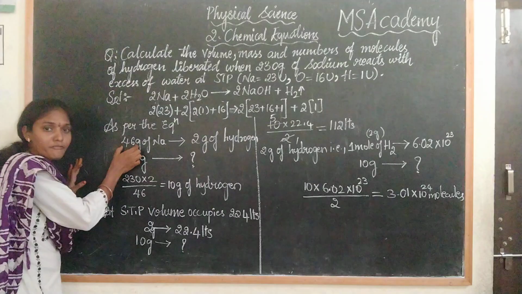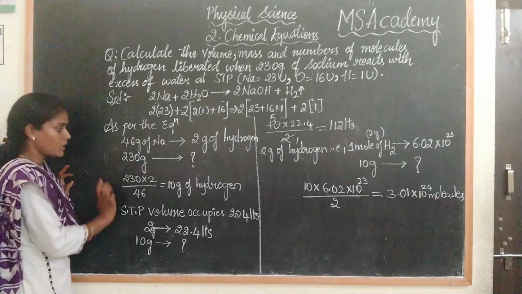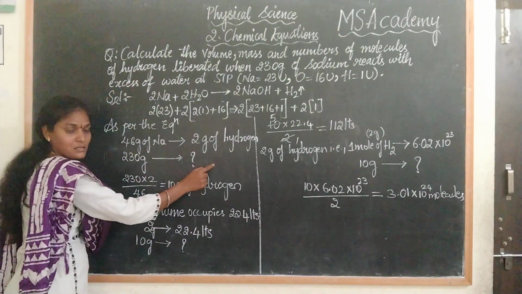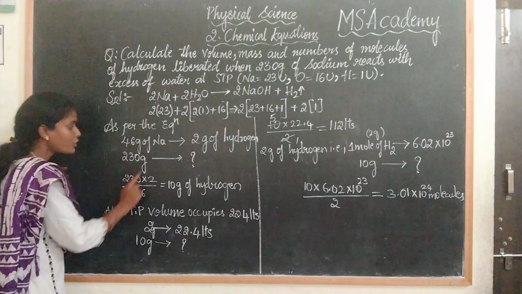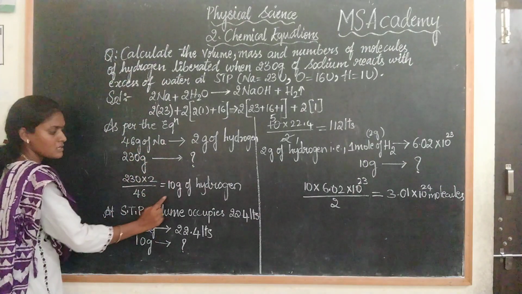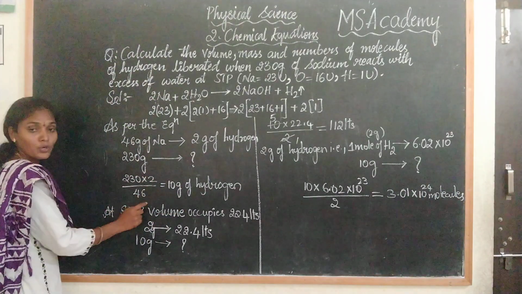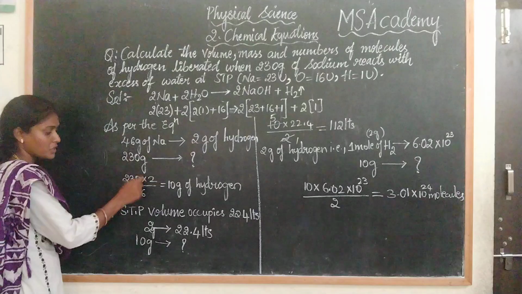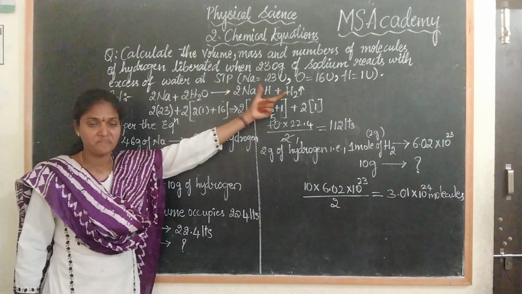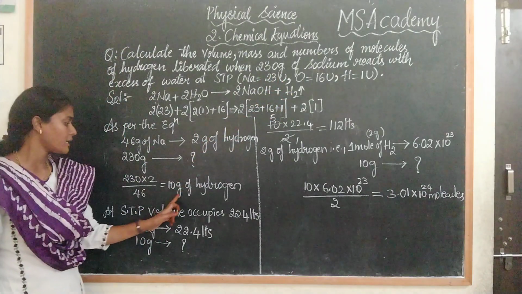Assume this term as x and cross multiply: 230 into 2 by 46 is equal to 10 grams. So when I take 230 grams of sodium, it is liberating 10 grams of hydrogen gas.